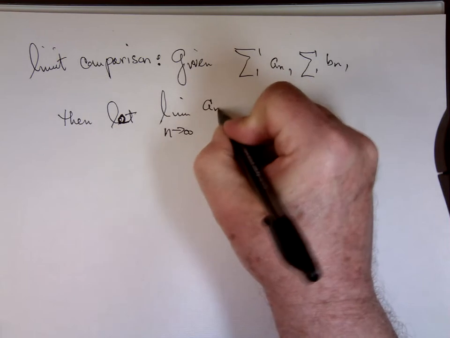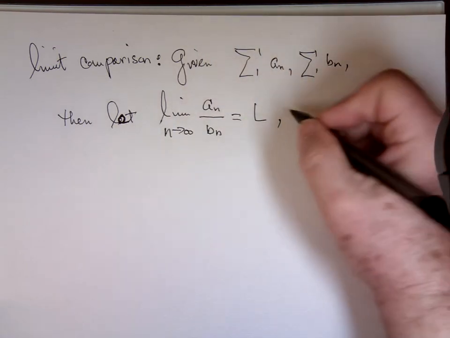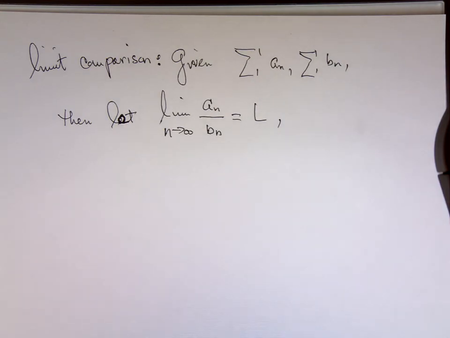In other words, you're going to take the nth term of one over the nth term of the other, and take the limit as n goes to infinity.